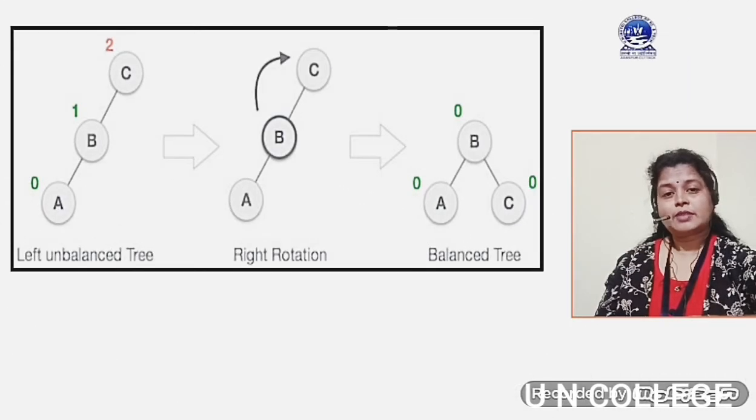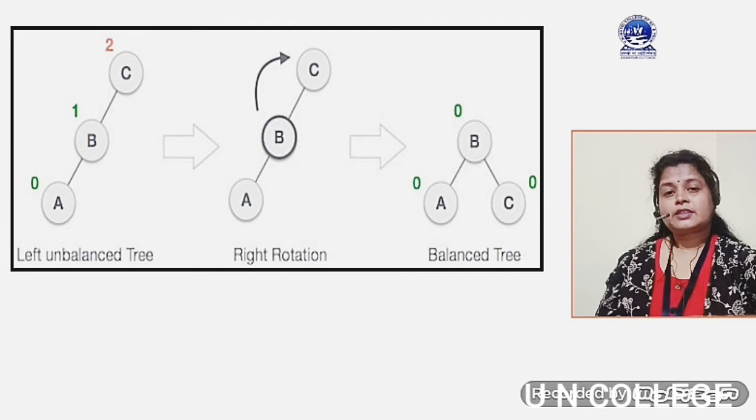Here I have represented the LL rotation diagrammatically so that you will be clear. Let the root be C and it is having left child B, and again we are going to insert a new node at the left side, let that be A. Now the balancing factor of A is 0 because it is not having any node at the left and right subtree.